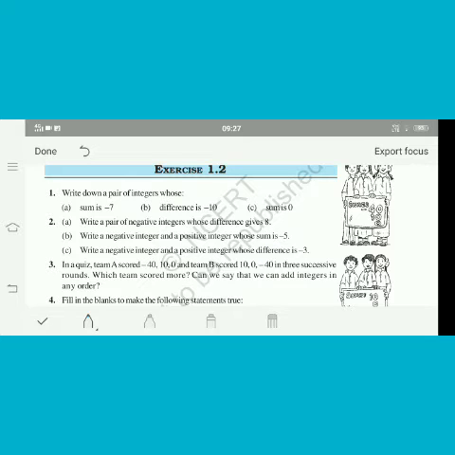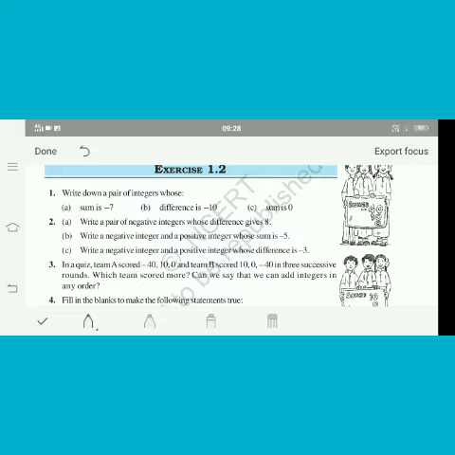Okay, so question number 2, write a pair of negative integers whose sum gives 8. So this is also same like number 1 only. What we have done in number 1, it's pretty same. So in this case, negative integers.